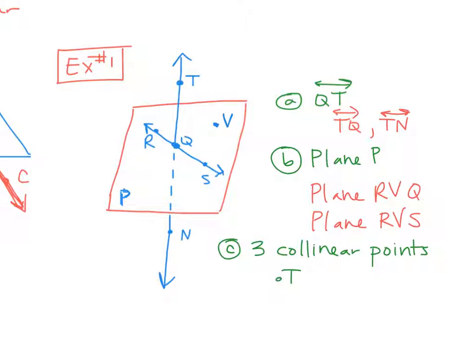So point T, point Q, point N. Okay, so that would be 3 collinear points. Can you tell me another set of 3 collinear points? Point R, point Q, and point S. Okay. How about, can you tell me 4 coplanar points?